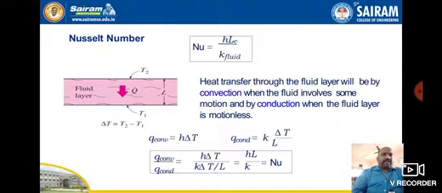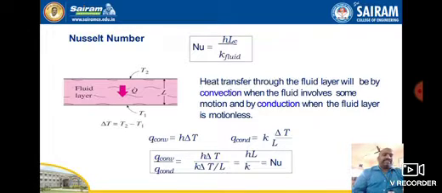Now this convective heat transfer phenomenon we can analyze mainly by a dimensionless number like the Nusselt number. What is meant by Nusselt number? The Nusselt number is hLc divided by k.